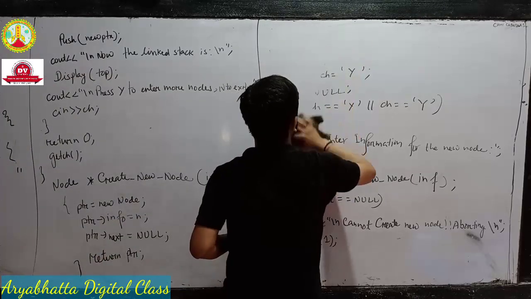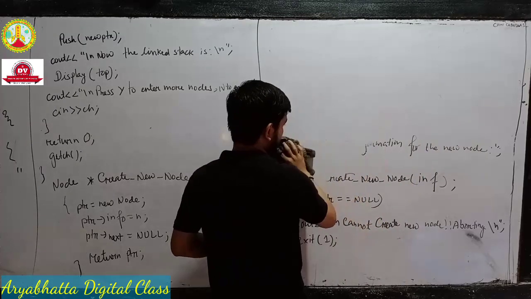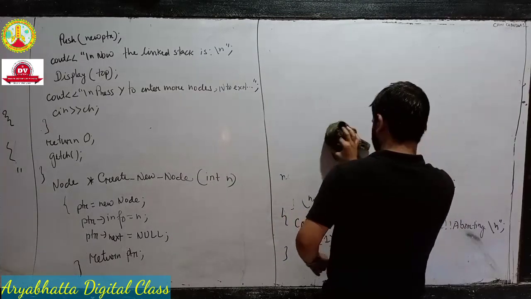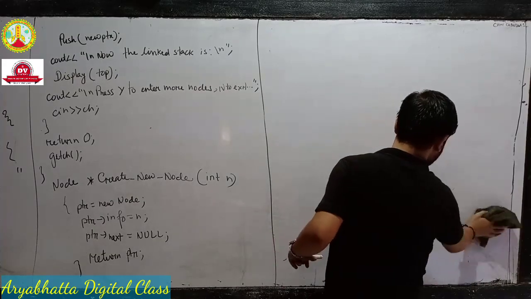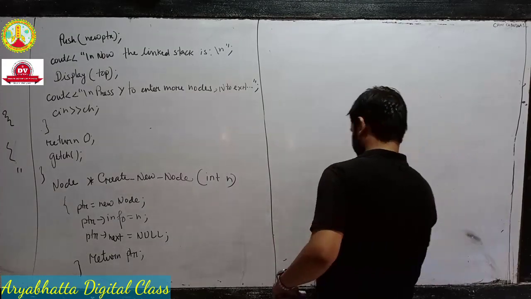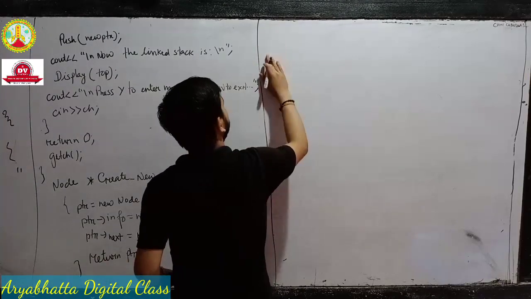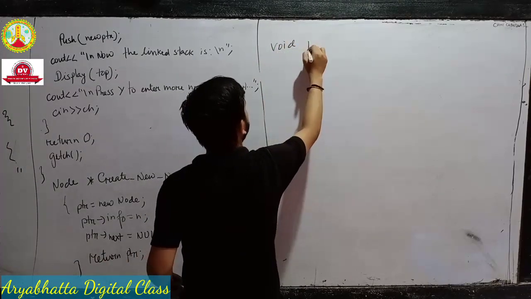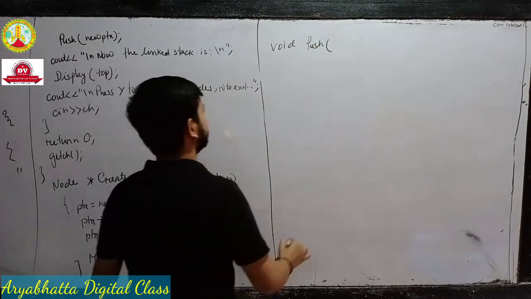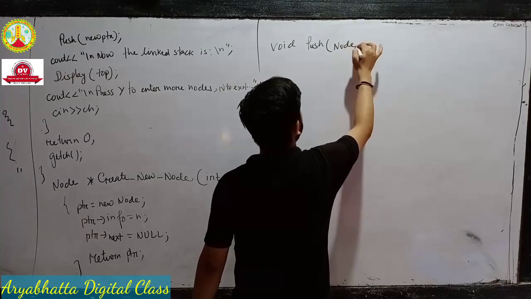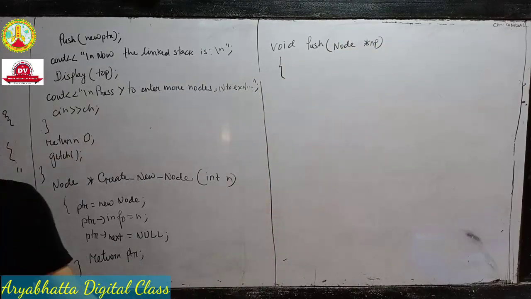Now erase this part. The last section will be written. You just write it serially from the beginning. Void push, node np.